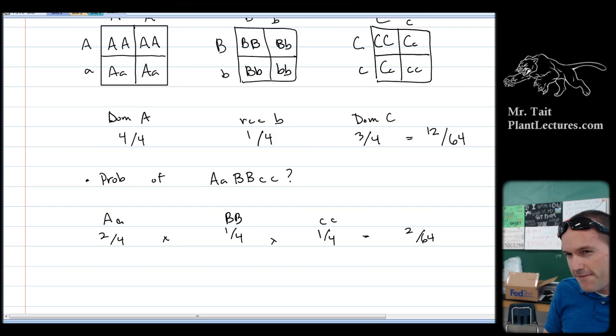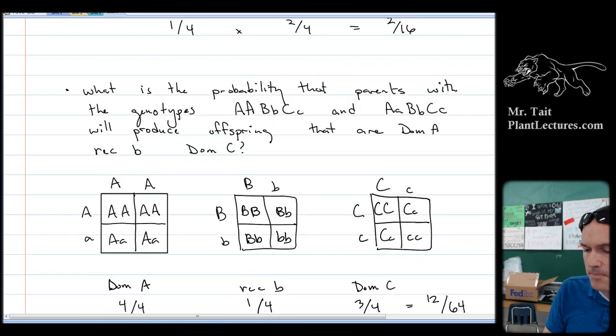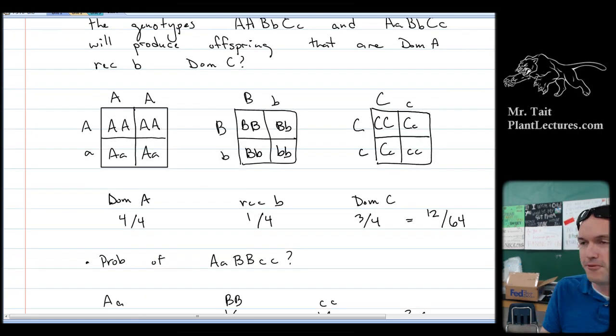So, what if we're looking at a large-scale experiment with 3 traits, right? Let's just say, for the purpose of discussion, there are 64 total offspring, and of our 64 offspring, let's say 15 of them are dominant A, recessive B, dominant C. But we were expecting 12, but it's 15.